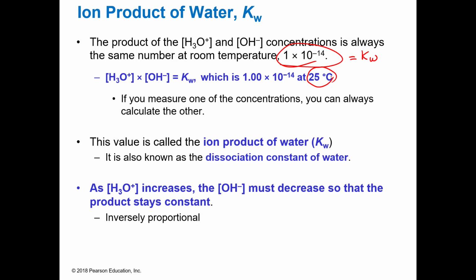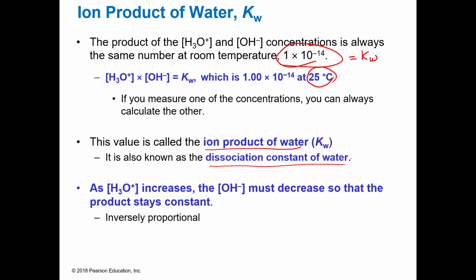If you know the H3O plus, for example, you can easily calculate the other one because you multiply them together to get the 1 times 10 to the minus 14. And this ion product of water is also called the dissociation constant of water, because of the auto-ionization, right?